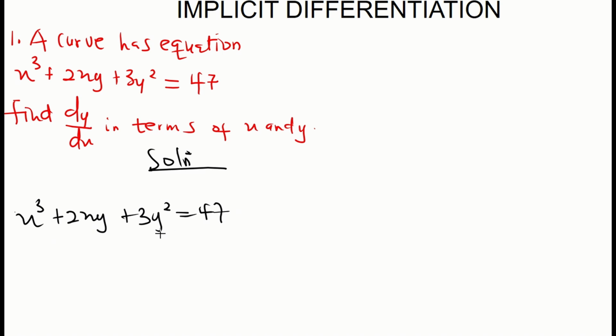Now with this equation, we have to determine dy/dx, which is the first derivative of the function of the curve, and let's see how we go about this.